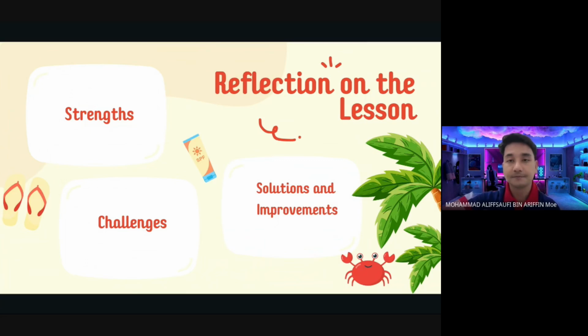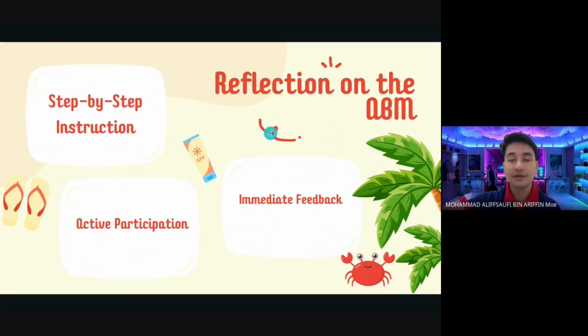Okay, next one would be the reflection on the ABM. So the first one is step-by-step instruction. Breaking tasks into manageable steps helps students follow along and achieve the lesson objective.